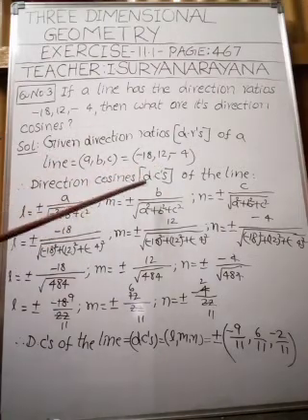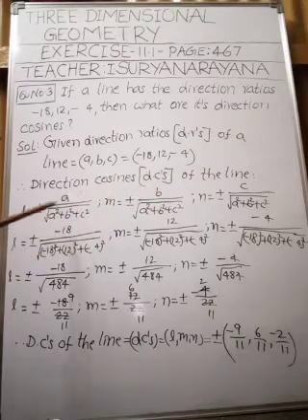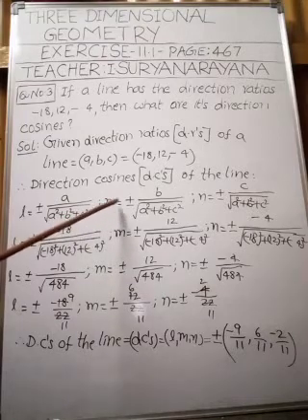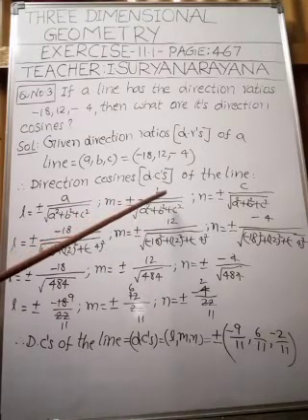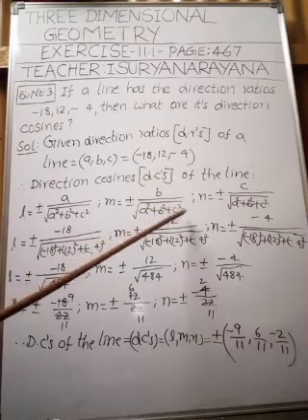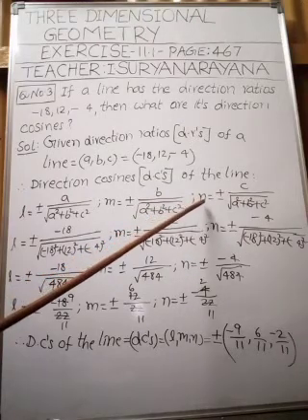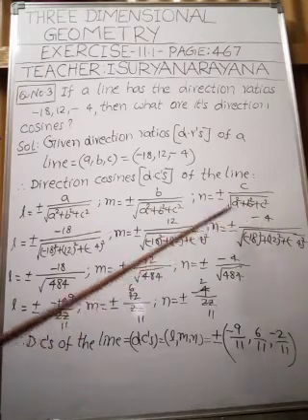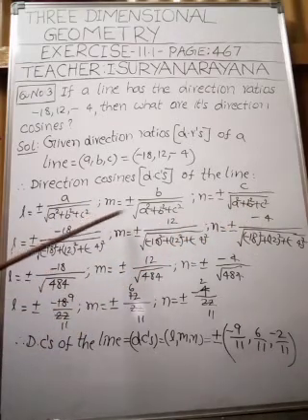Therefore, direction cosines of the line: l is equal to plus or minus a by root of a square plus b square plus c square, m is equal to plus or minus b by root of a square plus b square plus c square, n is equal to plus or minus c by root of a square plus b square plus c square. Understood this step, my dear children?